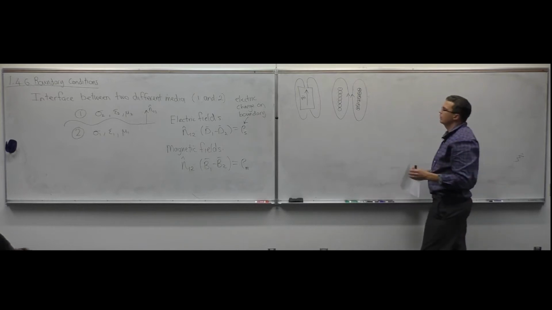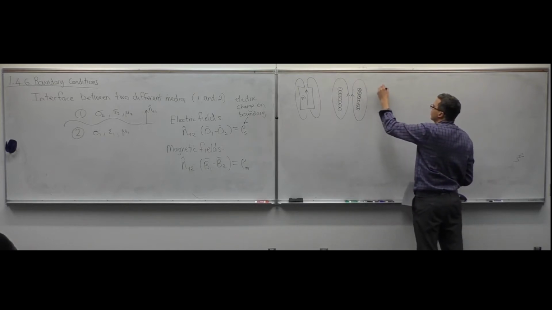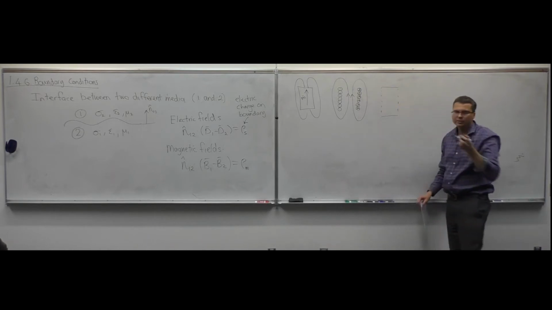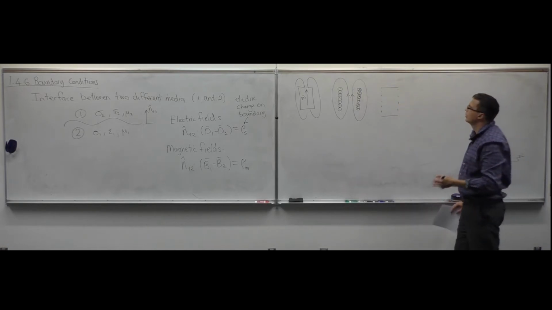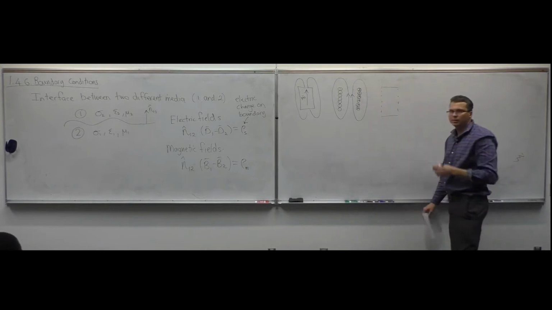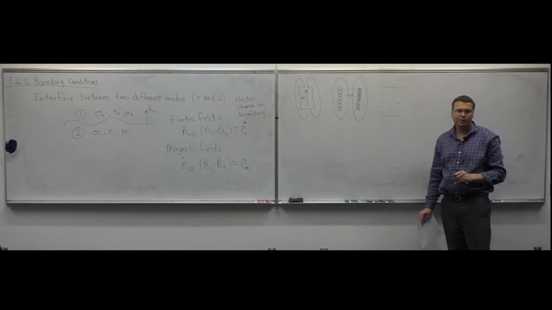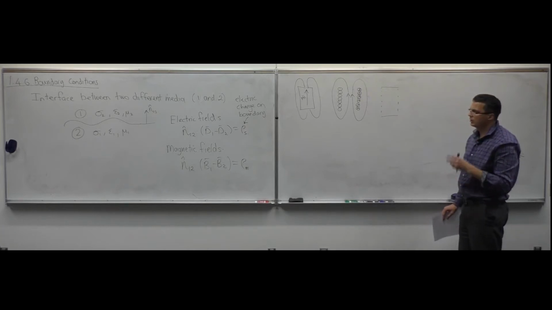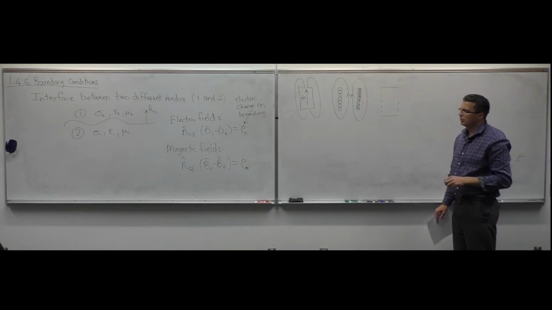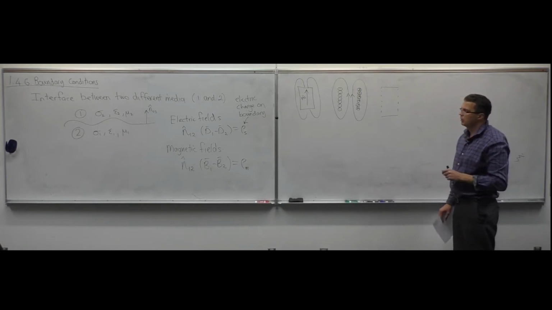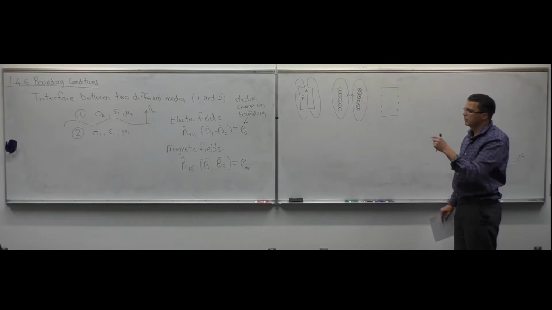Then there's actually a third approach. You could apply a fictitious magnetic charge on the boundary. Magnetic charge doesn't exist as far as we know, but mathematically you have the ability to break the laws of physics as long as the resultant field looks the same. It may be useful to model fields using magnetic charge.